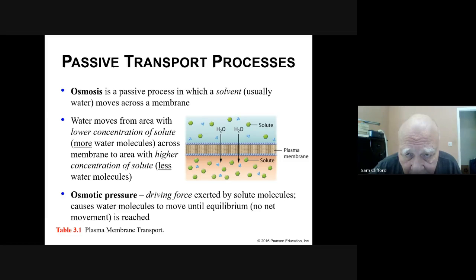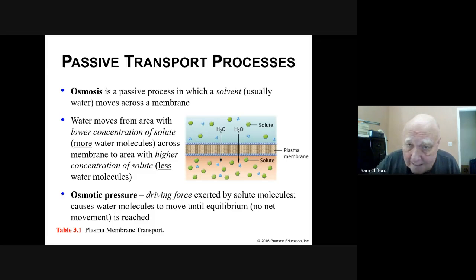Osmosis, water moves through the membrane, and water will move from low solute concentration to high solute concentration. So if you look at these dissolved solutes, there's more inside the membrane. So water will move from the low concentration of solute to the high concentration of solute.